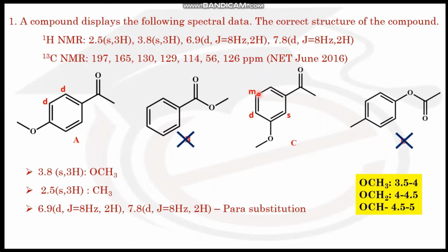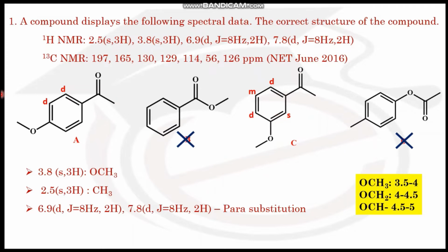Here it is a multiplet. How does it become a multiplet? Here one hydrogen is there, and here one hydrogen is there, so they can split this one, and this also can split. Generally, when there are more than 2 peaks, we consider it a multiplet. This one acts as a doublet. So in C there is one singlet, two doublets and one multiplet, almost 4 types of hydrogens.